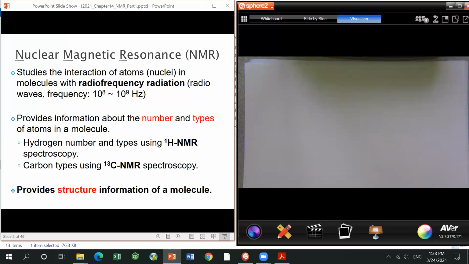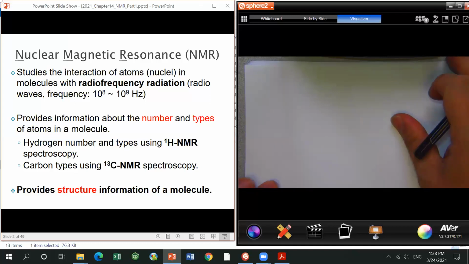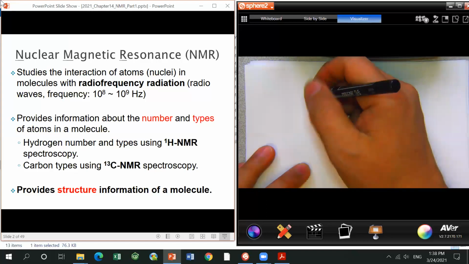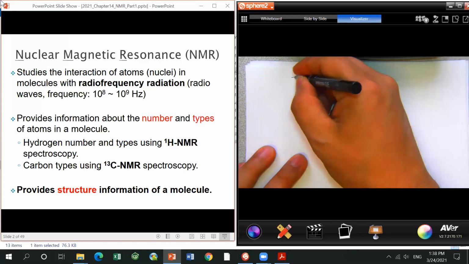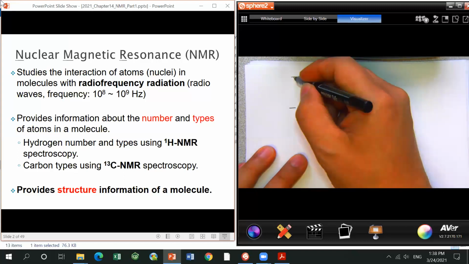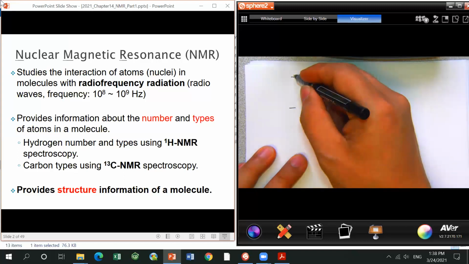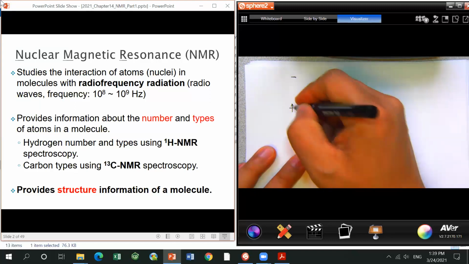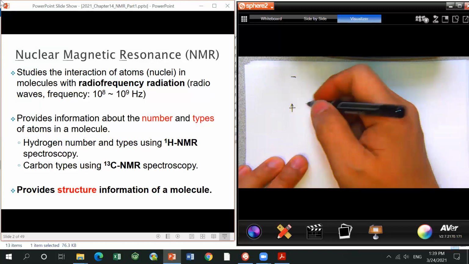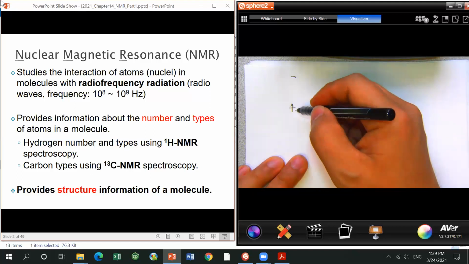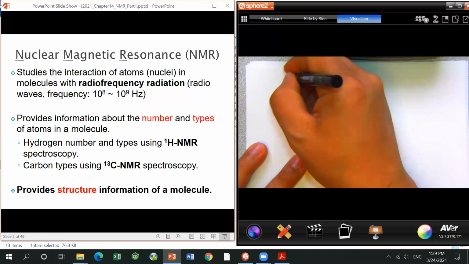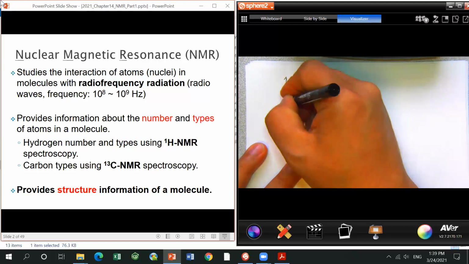Here I'll talk a little bit about the rough general idea of what happens in NMR, a little bit of theory. There is an energy gap between the ground state and the excited state.